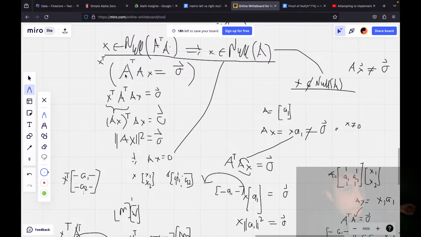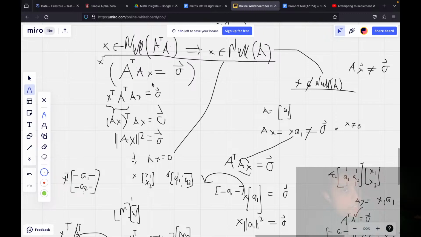So basically, if A^T Ax is 0, that means Ax is in the null space of A^T, which means, because null space is the complement to row space, that Ax cannot be in the row space of A transpose.